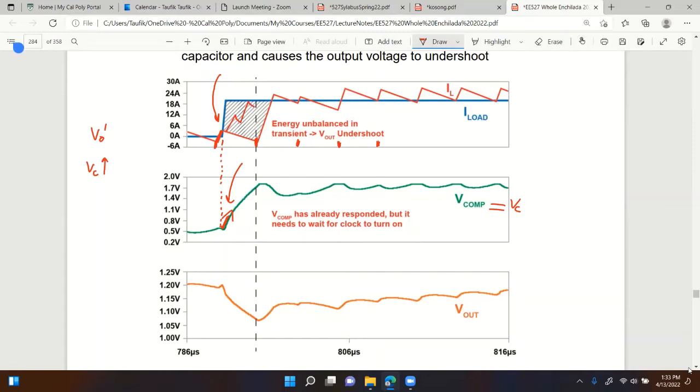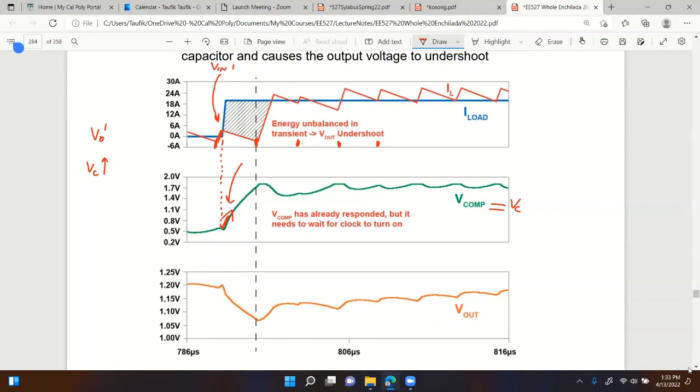It should keep sending current to the load. Increase the current, so that you can increase the output voltage, right? But what it does is that it waits until the next clock starts. Does that make sense?